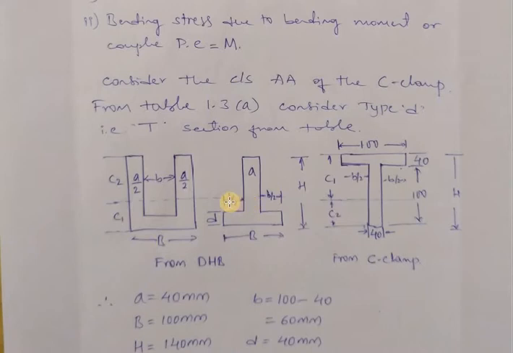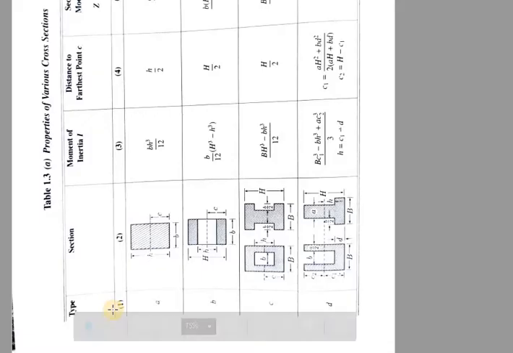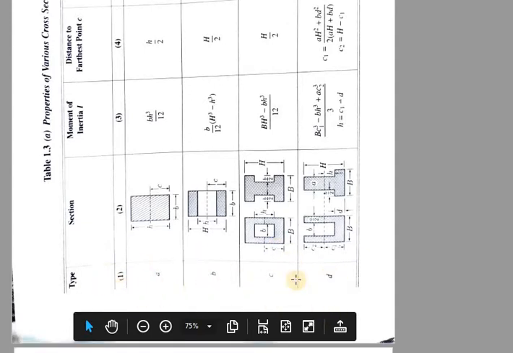From this we can calculate these parameters. I'll just open the data handbook for you. This is table number 1.3A. Here you can see the different cross sections, and as I said, type D, in the first column. In this D you will get the T section.